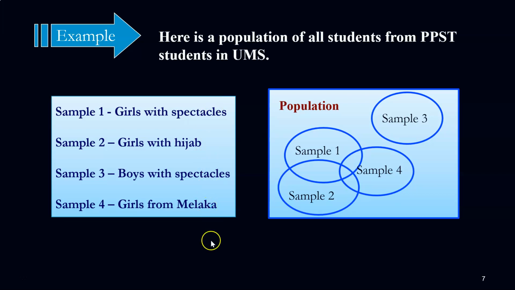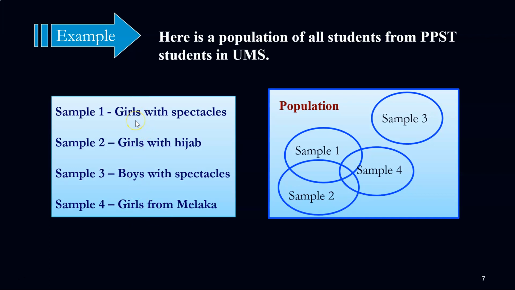Okay, so when we draw our Venn diagram, kita draw Venn diagram, ada few sample yang overlap, bertindih dekat situ. Which are sample 1, sample 2, and also sample 4. So what you can see from here is that samples 1, 2, and 4 actually overlap because they are actually girls.